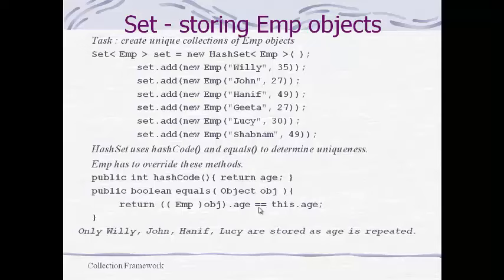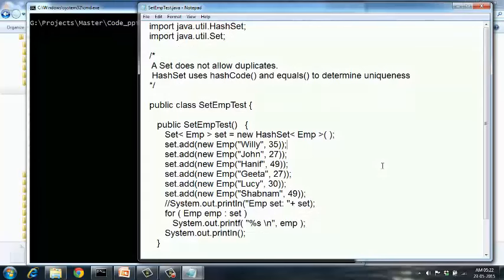So we can see that Willie, John, Hanif and Lucy are stored because there are repetitions here, 27 and 49. Both of them are not stored. Let us test.